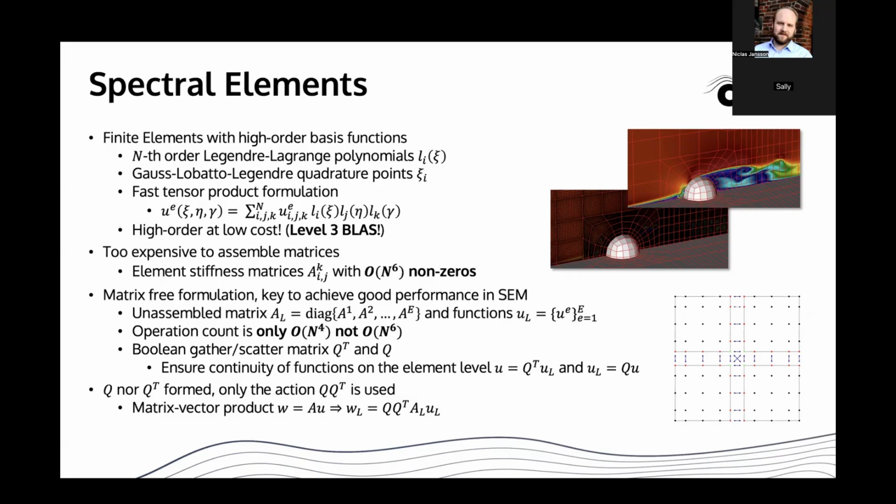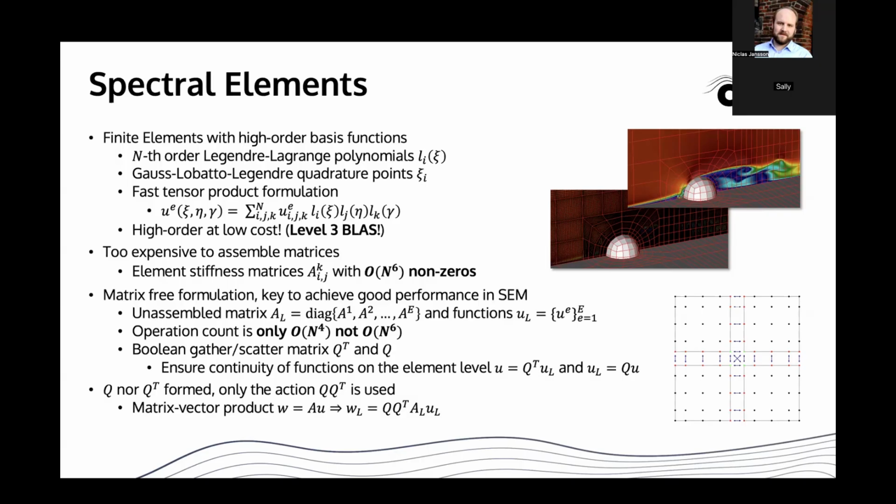But since we want continuous functions across the elements, we need to do what's called a gather-scatter operation. This is done with a gather-scatter matrix: Q transpose is the gather and Q is the scatter. Then you can move between the replicated u_L formulation and the unique u formulation without duplicated points by just multiplying. For example, if you multiply u_L from the left with Q transpose, you get the unique representation without duplicates.